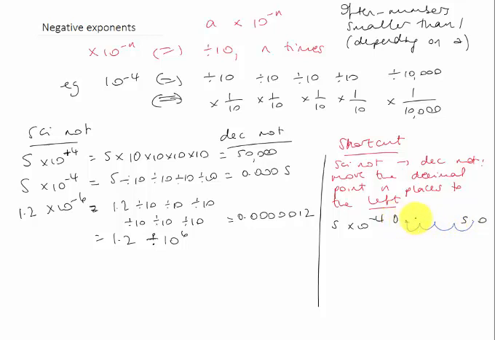That's 0.0005. And same deal here, 1.2 times 10 to the minus 6. Let's put the 1.2 over here, and then 1, 2, 3, 4, 5, 6. That gives us 0.00000012, so just the same as before.